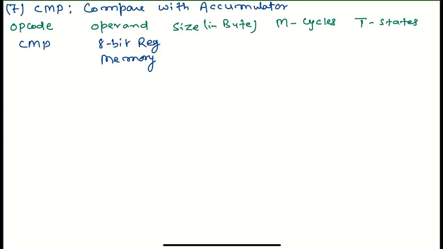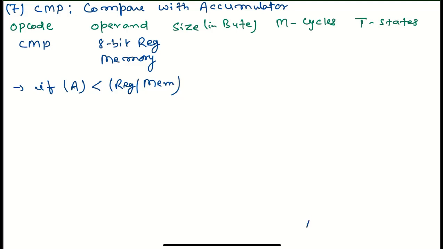What will happen if the accumulator content is lesser than the content of the register or memory? Here the comparison happens by the use of subtraction.